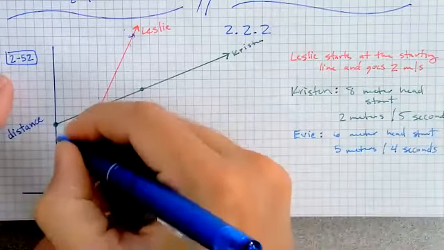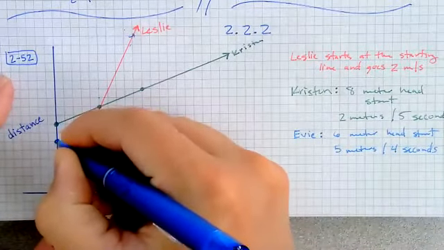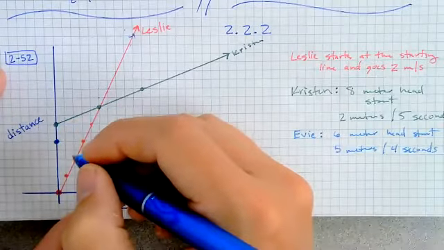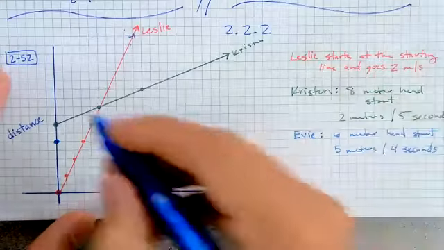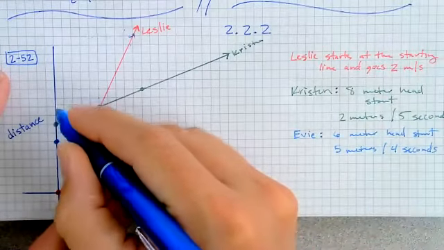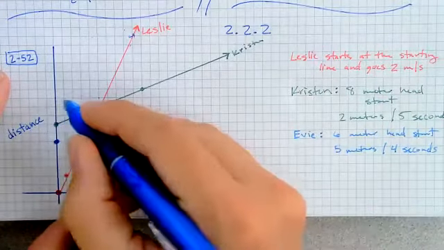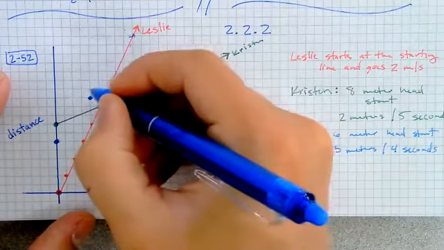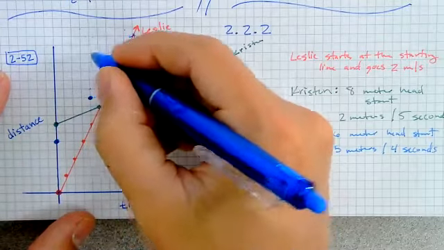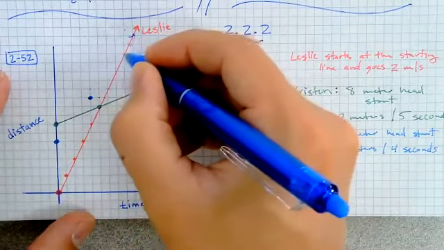So she starts here at 6. She's going 1, 2, 3, 4, 5 meters every 1, 2, 3, 4 seconds.